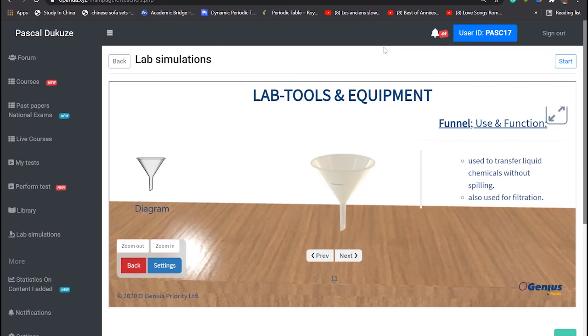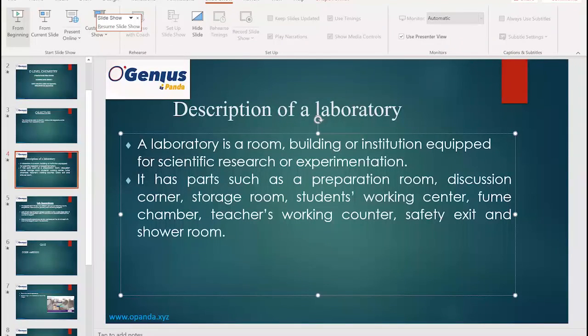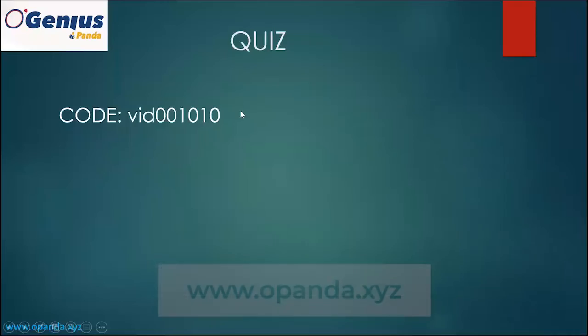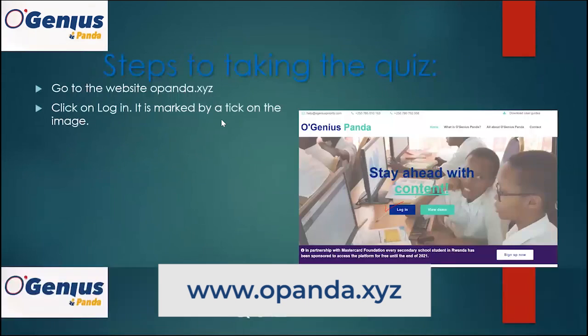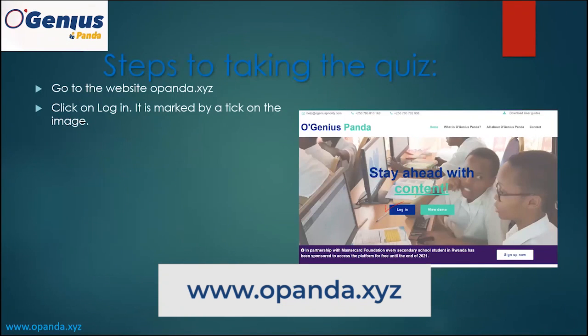And here I will share the quiz code and the steps you have to follow while taking the quiz. Here is the quiz code for those who are ready. The quiz code is VID 001010, and you visit the website opanda.xyz and click on login.